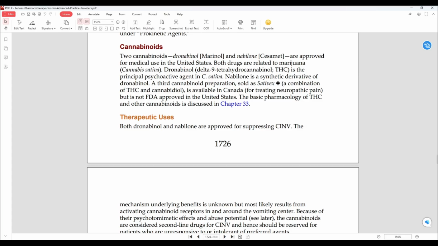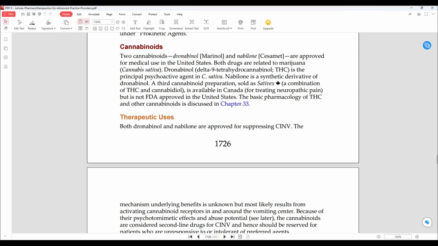Cannabinoids. Two cannabinoids, dronabinol, Marinol, and nabilone, Cesamet, are approved for medical use in the United States. Both drugs are related to marijuana. Dronabinol is a principal psychoactive agent in C. sativa.